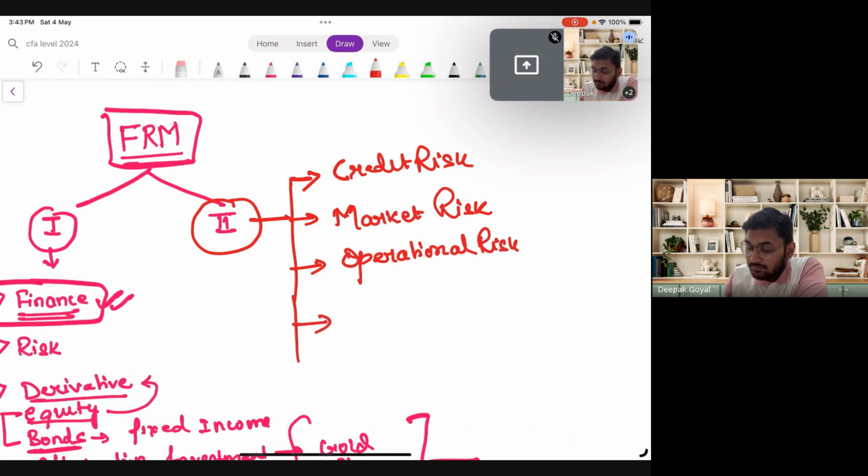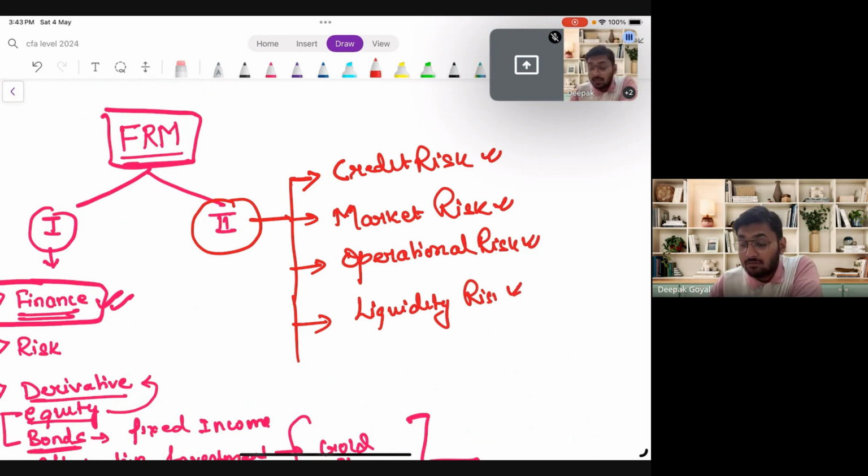Then we have liquidity risk. So you see that in every aspect we have a different subject, meaning we are doing an in-depth study of each and every risk in your part 2. So in part 1 you are setting a base, you are setting your foundation, and in part 2 you are going deep inside risk management.